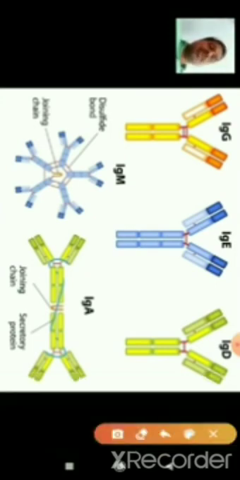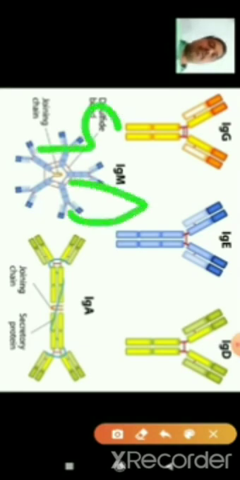So there are 5 types of immunoglobulins: G for gamma, A for alpha, M for mu, D for delta and E for epsilon. So alpha, gamma, mu, delta and epsilon. These are the types of antibodies.